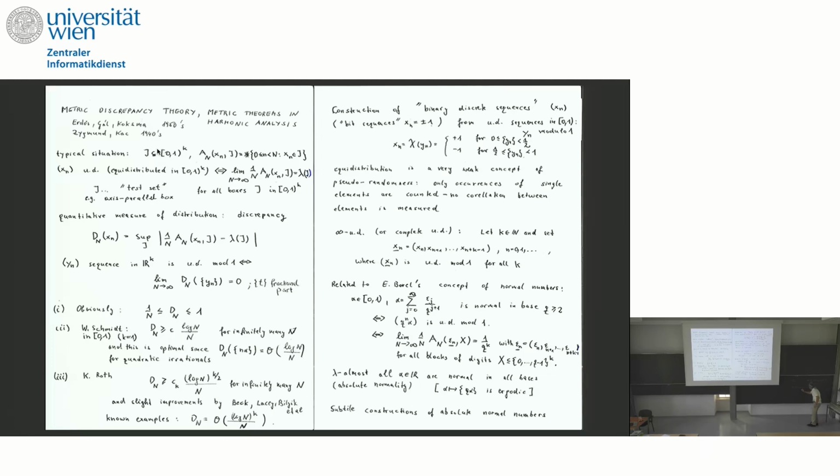These are sequences where the discrepancy is (log n)^k over n. And simple constructions are multidimensional versions of, and this is another Dutch name, the van der Corput sequence. I should be careful with time.